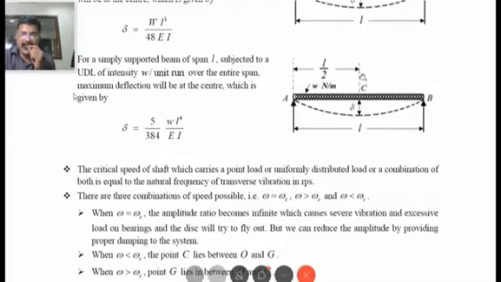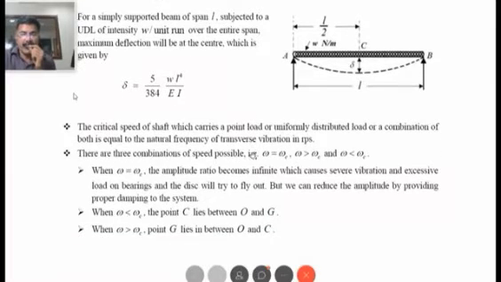Hertz means cycles per second or rotations per second, and that is nothing but the critical speed in RPS. If you multiply the transverse vibration frequency, which is in hertz or RPS, by 60, you will get the critical speed in RPM, rotations per minute.